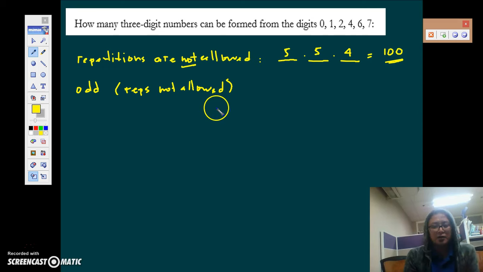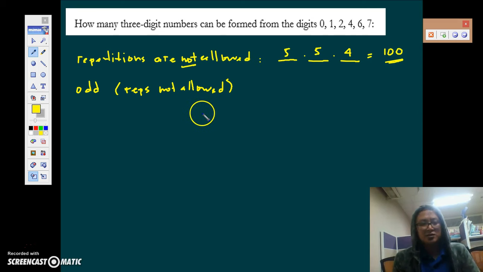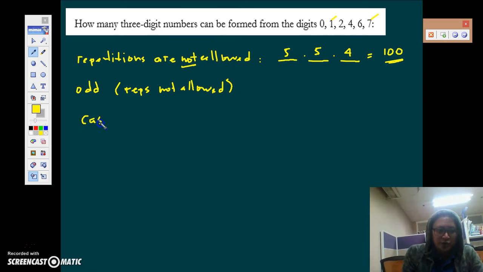Remember that a number is odd if the last digit is odd. Looking at the digits 0, 1, 2, 4, 6, 7, we have 1 and 7 as the only odd numbers in the list. So there would be 2 cases.